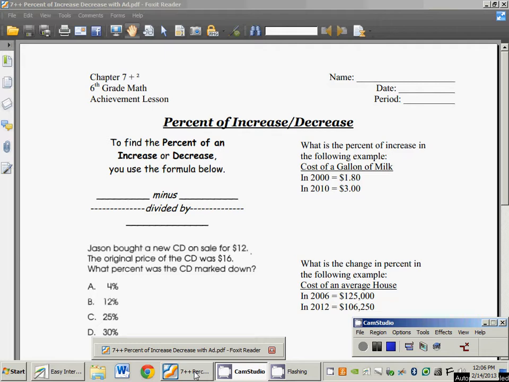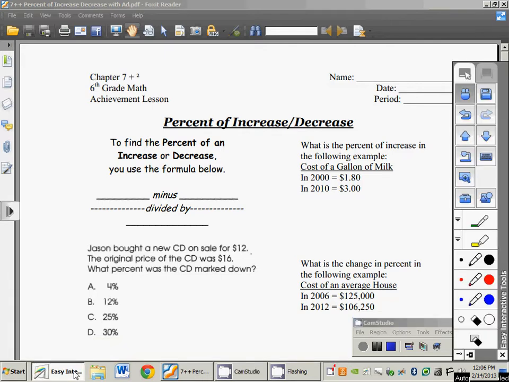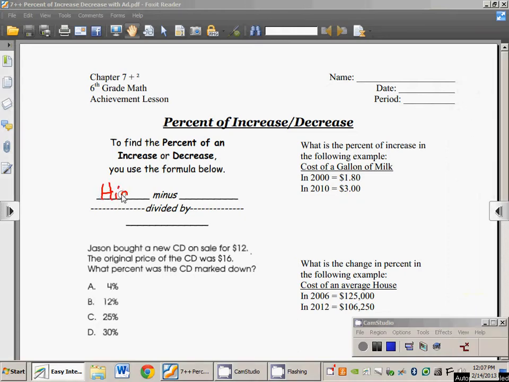And it's a very simple way to find the percent of increase or decrease. We kind of think of it as the range. You take the higher price and you subtract the lower price. And maybe range reminds you of a data set, the high minus the low.